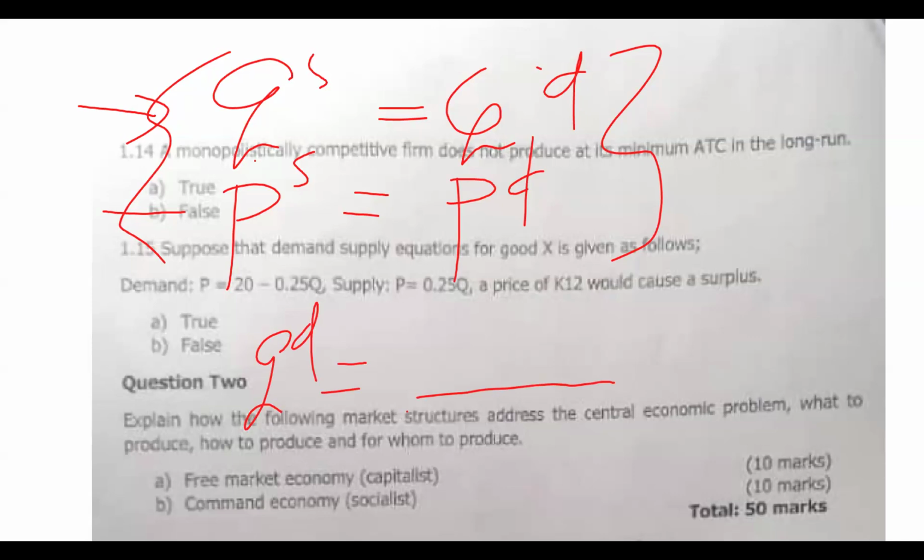But if you have the price made the subject of the formula in the same demand function, or technically we can say you express price as a function of quantity demanded, then at that point, we have an inverse demand function. Let me repeat this again.